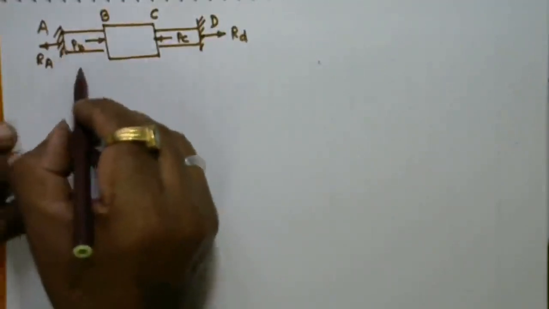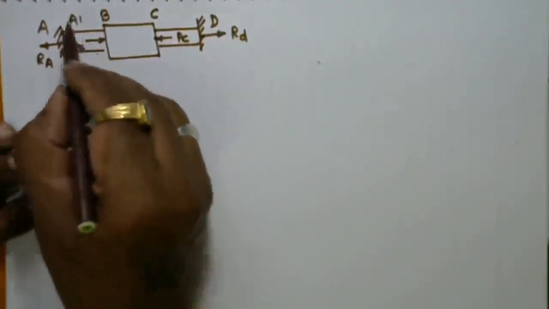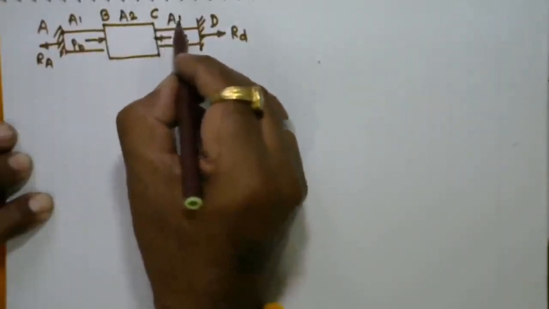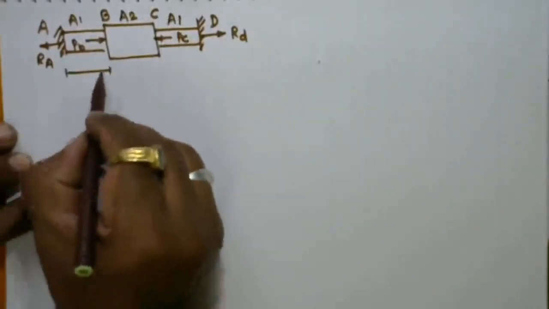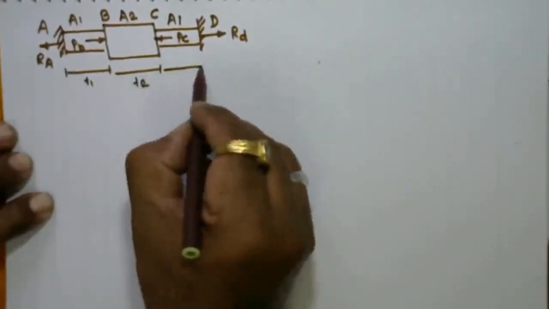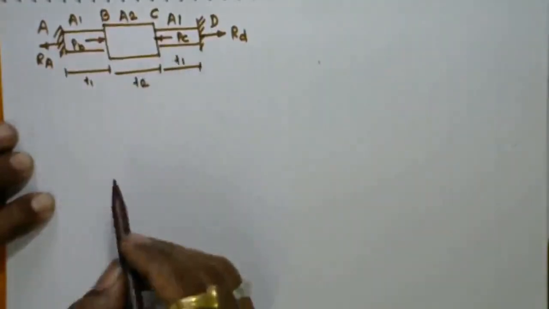So A1 is known, the middle segment has area A2, and the third is again A1, with lengths L1, L2, and again L1.